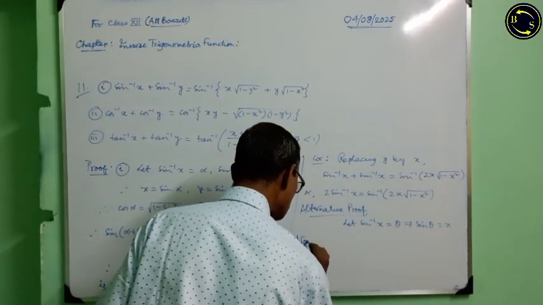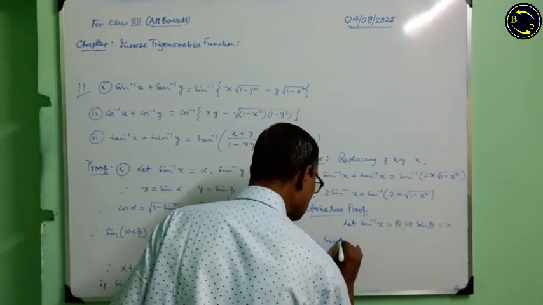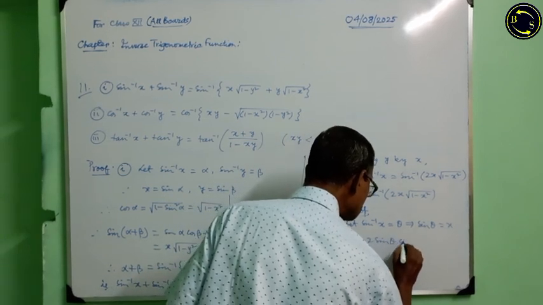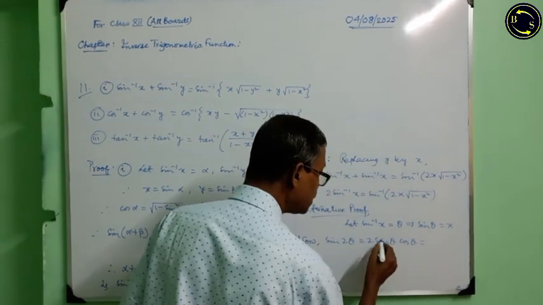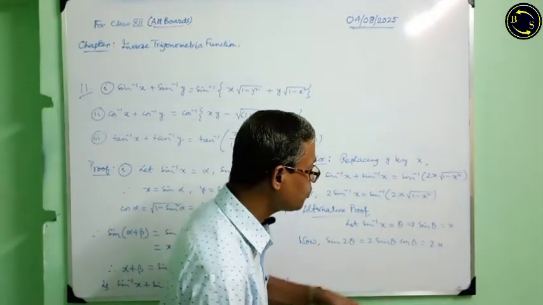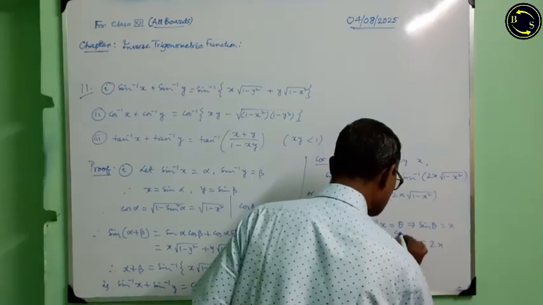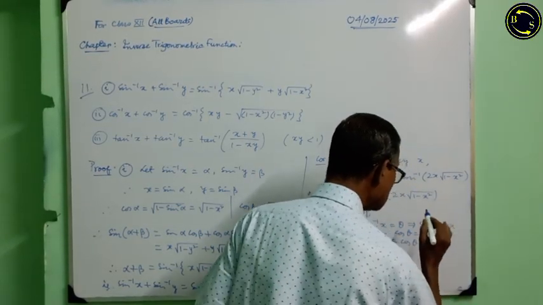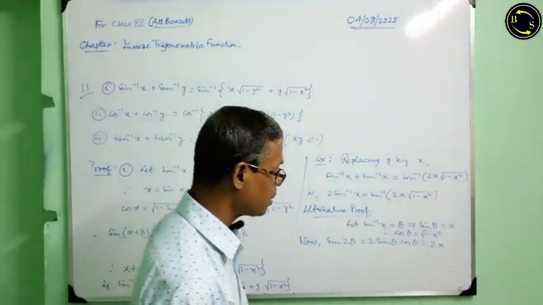Now sine 2 theta equal to 2 sine theta cos theta. Sine theta is x, so 2x. Now sine theta equal to x, therefore cos theta will be root over 1 minus x square.